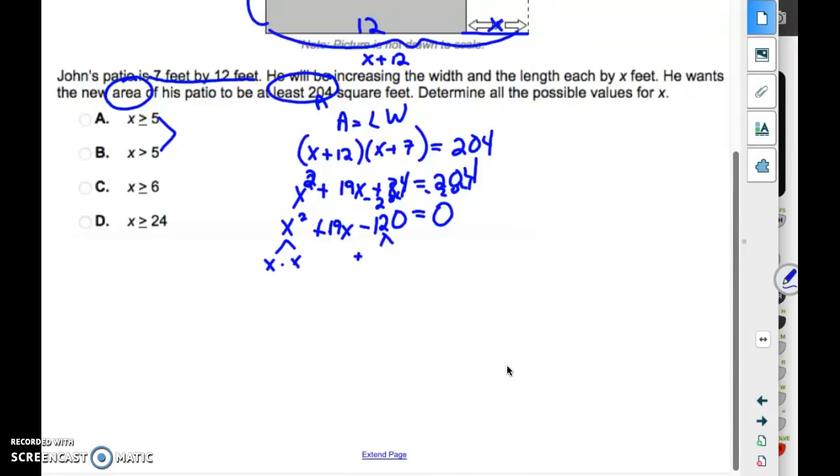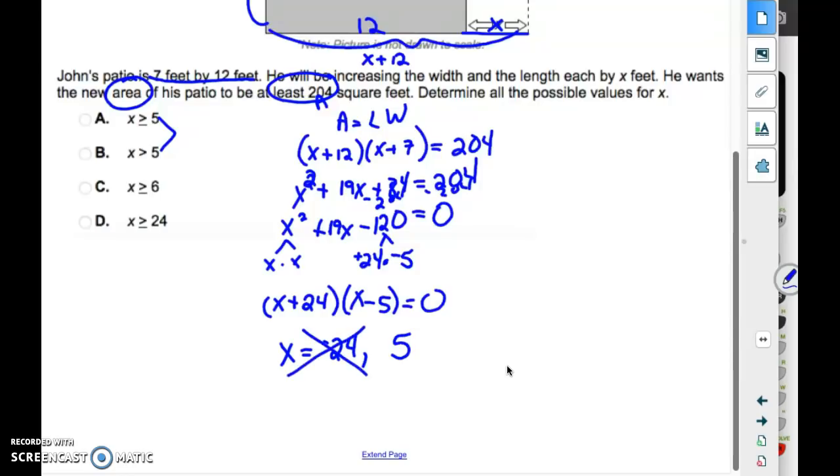So we have plus 24 and a negative 5. So when we factor, we have x plus 24 times x minus 5 equals 0. Set both factors equal to 0. We get negative 24 and positive 5. In geometry, we can't have a length of negative 24. So our answer is 5.